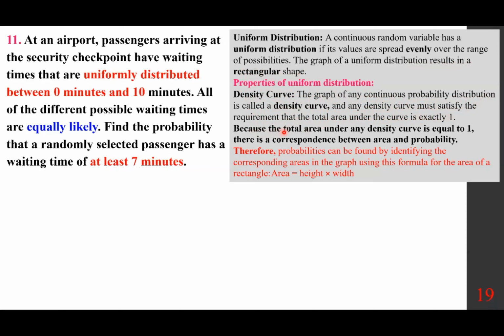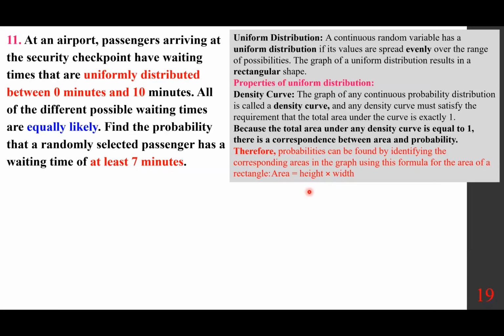Because the total area under any density curve is equal to 1, there is a correspondence between area and probability. Therefore, probabilities can be found by identifying the corresponding areas in the graph using this formula for the area of a rectangle. Area equals height times width. Excellent.